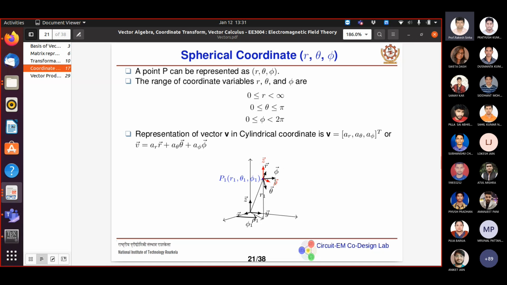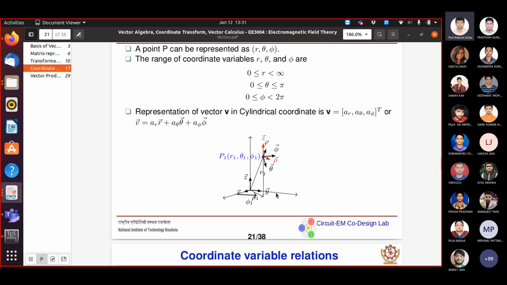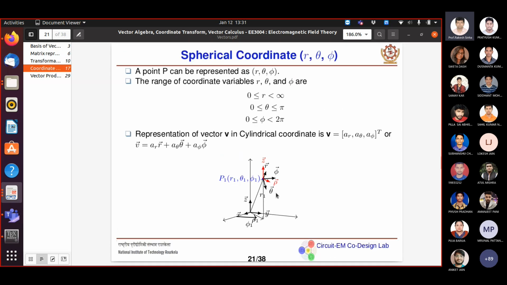Z has been transformed into r, and rho has been transformed into theta. So these are the directions. It is a little bit difficult to visualize this, but I'll show you some figure later on so that you can visualize it in a more proper way.